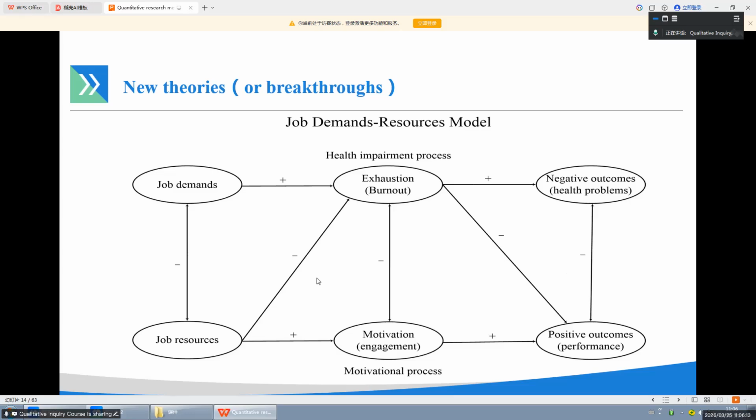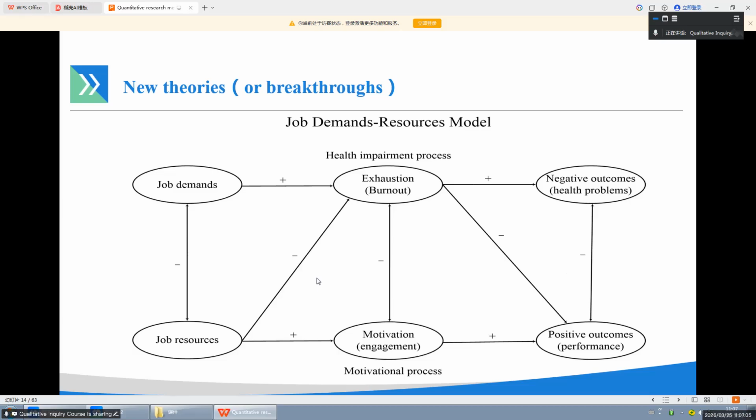One way of conceptualizing work engagement is that it is a three-dimension construct, including vigor, dedication, absorption. It mainly describes your state, not a behavior. It describes your vigor, your absorption, your dedication in your work. That's work engagement.